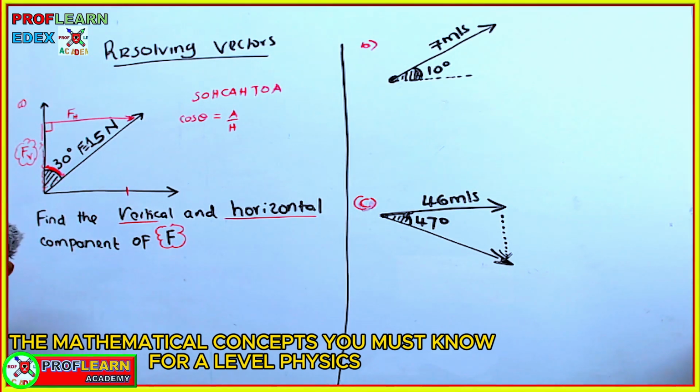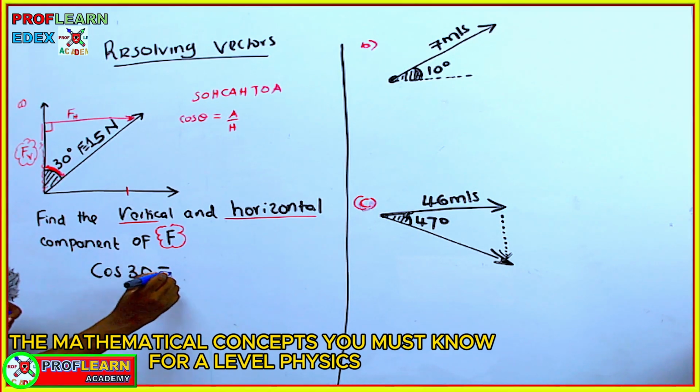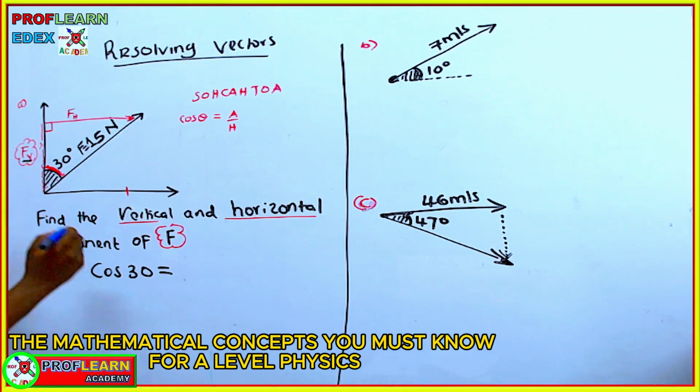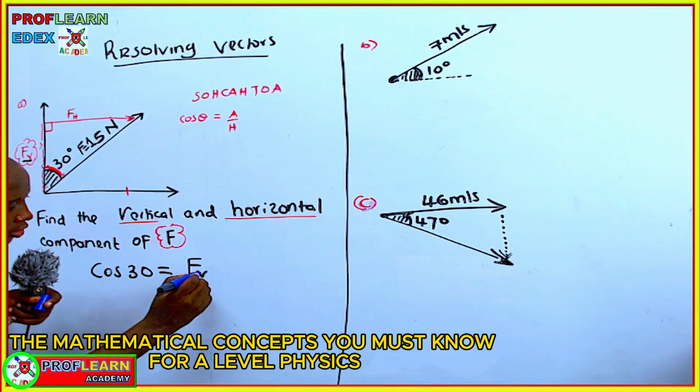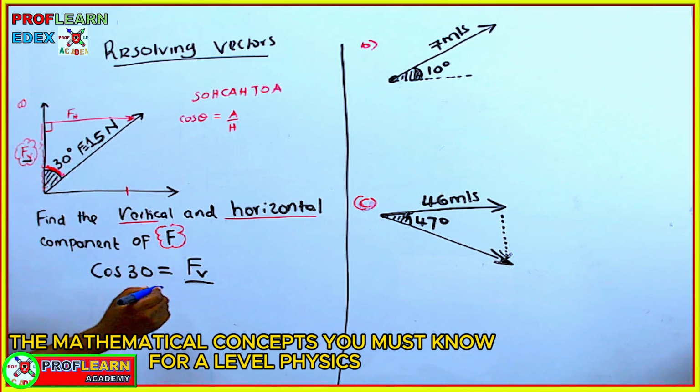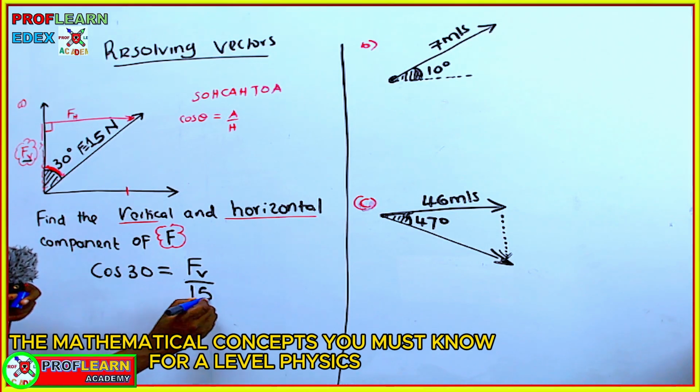Then we will see here F in the vertical direction. So cos 30 is equal to adjacent, and our adjacent is F in the vertical direction, and our hypotenuse is 15.